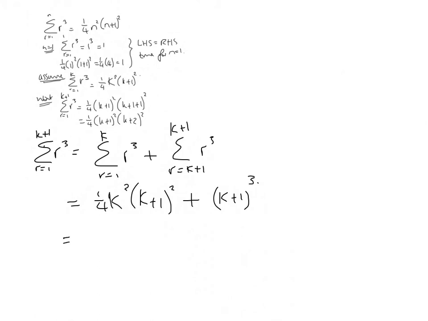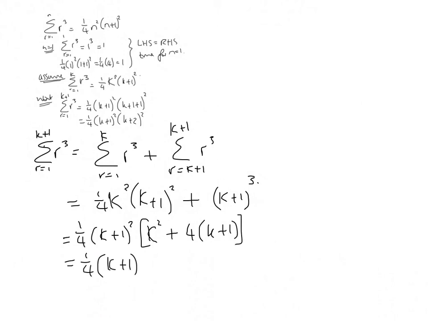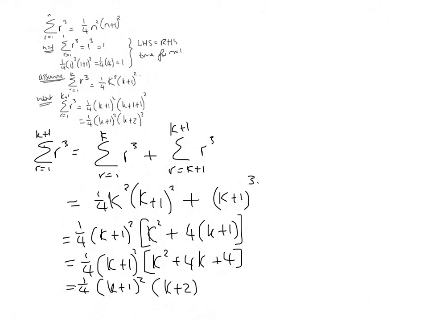Let's pull out a common factor of k plus 1 squared, and I'm also going to pull out a quarter, leaving me with k squared plus 4k plus 4, which I think factorises to 1 quarter k plus 1 squared, k plus 2 squared, as required when I wrote it down here.